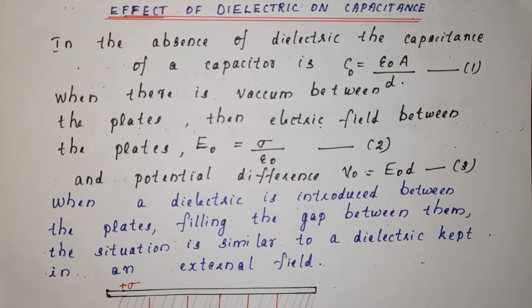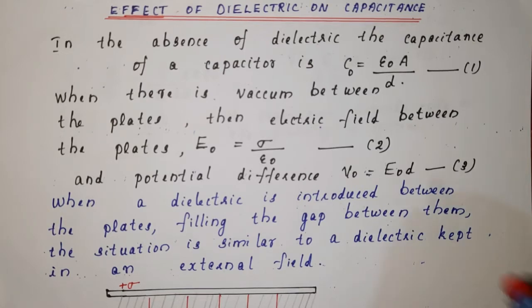Today we are discussing the effect of dielectric on capacitance. We already discussed the expression for capacitance of a parallel plate capacitor. In the discussion, we considered two metallic plates separated by a gap. Nothing was there in between the plates and we assumed it to be air.